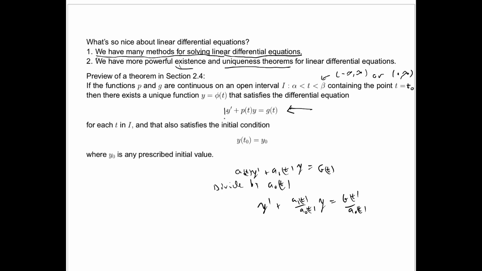And now it's in the standard form we need for this theorem, where this is our p of t, and this is our function little g of t.